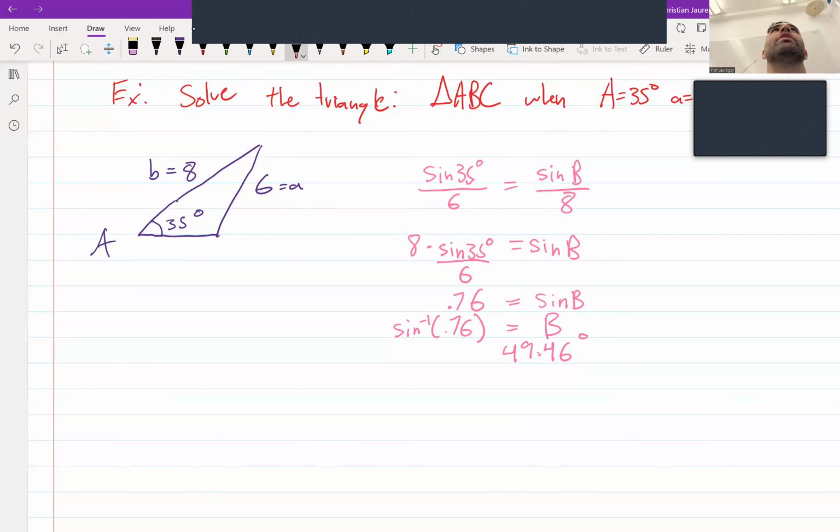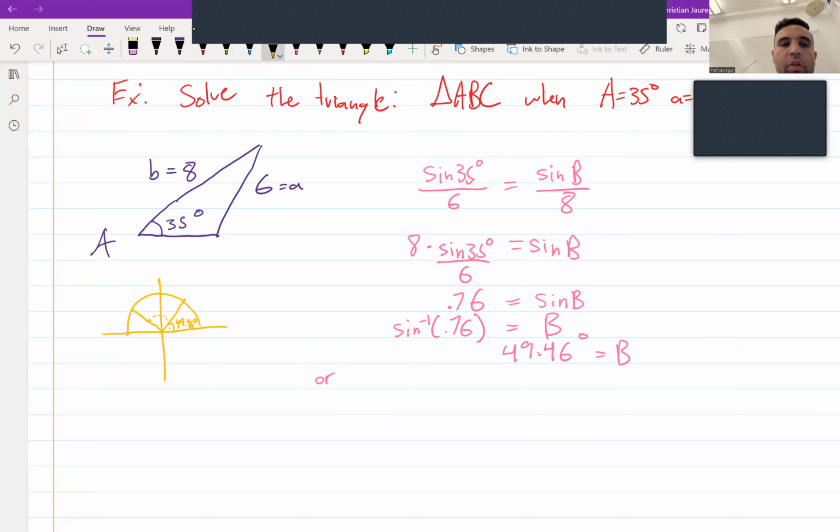But remember, just like we did when we're solving equations for trig equations, there are 2 answers in the unit circle. So I have B equals 49.46, or, right, if I were to draw the circle, the unit circle looks like this. 49.46 goes there. But I have to consider this other angle.